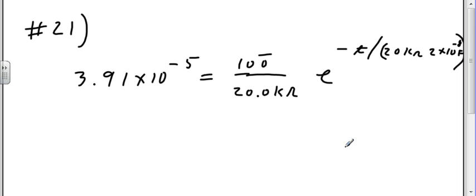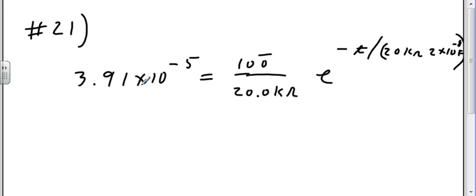Okay. We need everything on the other side of the equation. So 3.91 E minus 5, as I was saying, 3.91 E minus 5 times 20 E 3 divided by 100.